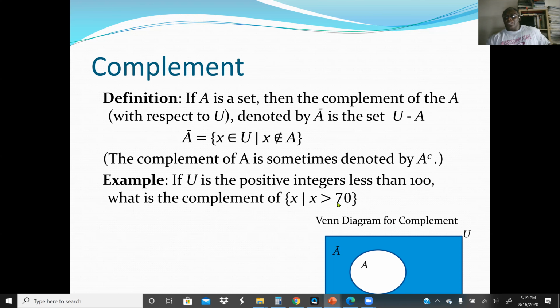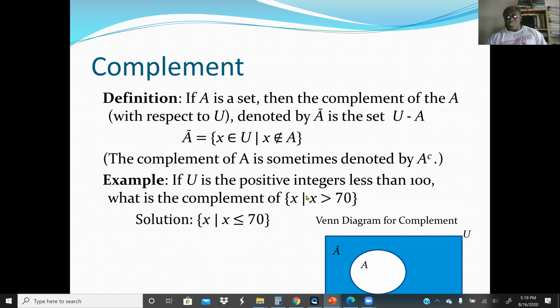If it's greater than 70, then the complement is less than 70. The complement of true, the opposite of true, is false. The complement of A means every element that is not in A. I mean, every element that is in A is not in the complement of it.